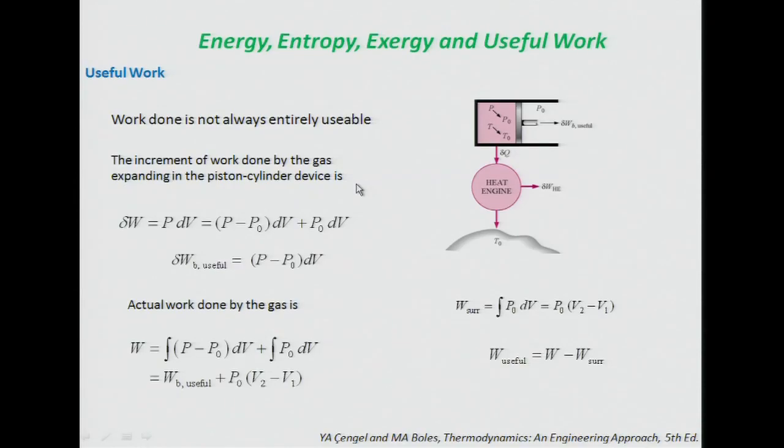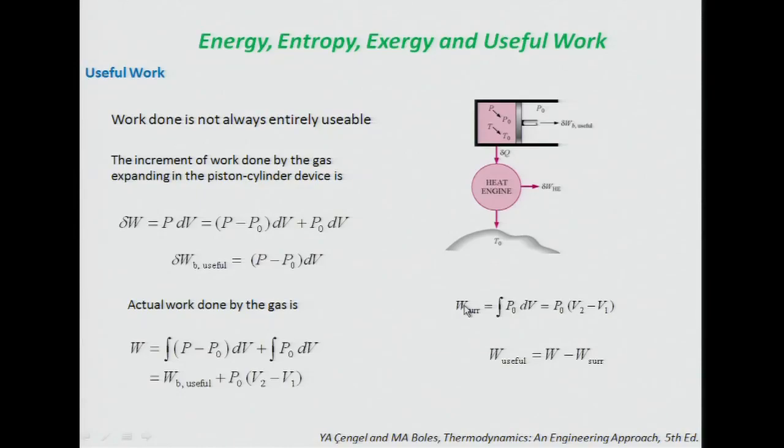The useful work that's done is done by the gauge pressure difference, right? The actual difference between whatever this pressure is going through the expansion process and the ambient pressure out here, the gauge pressure. So that's the useful work.